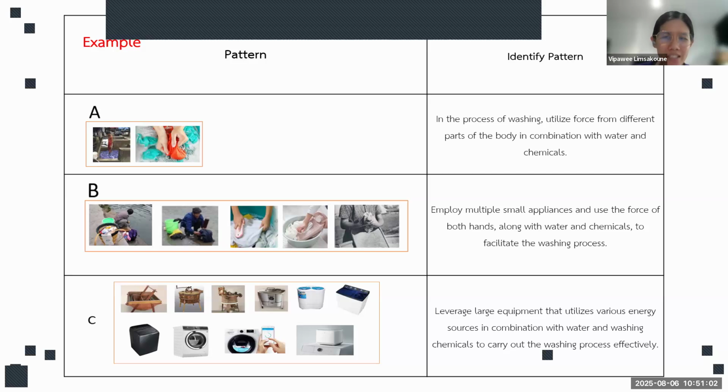The reason I chose the oldest one, the one where we don't need any tools, is because we will need to explain the reason for the change from pattern A to pattern B. If we don't categorize it by the time period of emergence, then it's quite difficult to explain the reason.